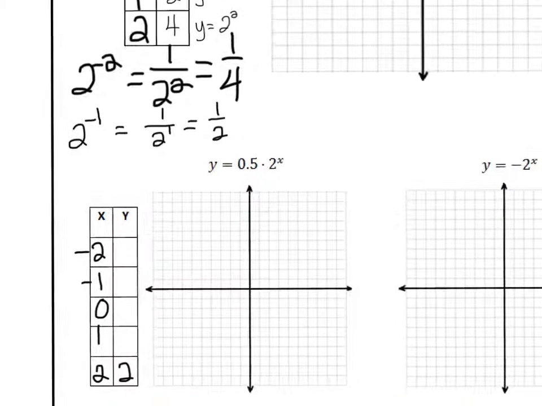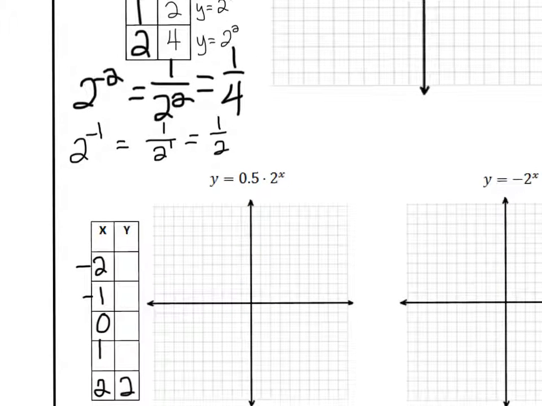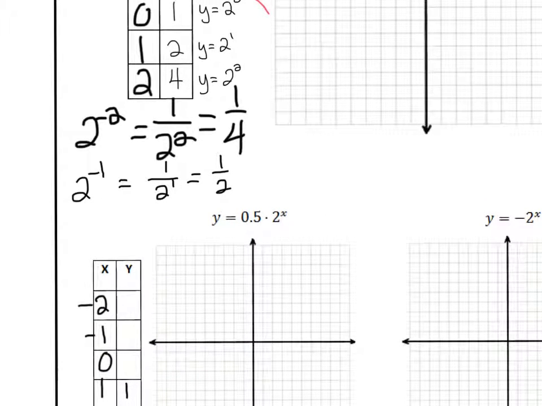When I put in 1, I got 2, but this equation says to now multiply it by 0.5. Well, 2 times 0.5 is 1. Next, I got a 1.